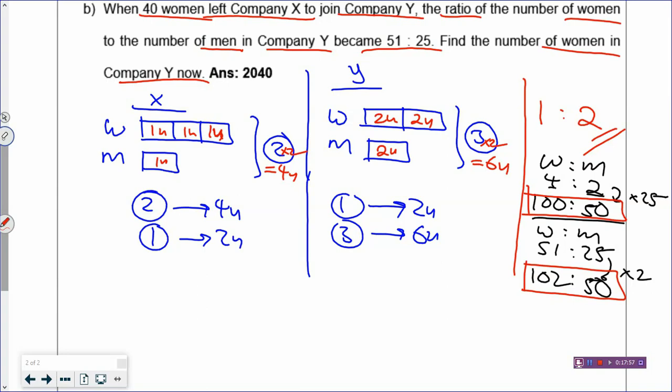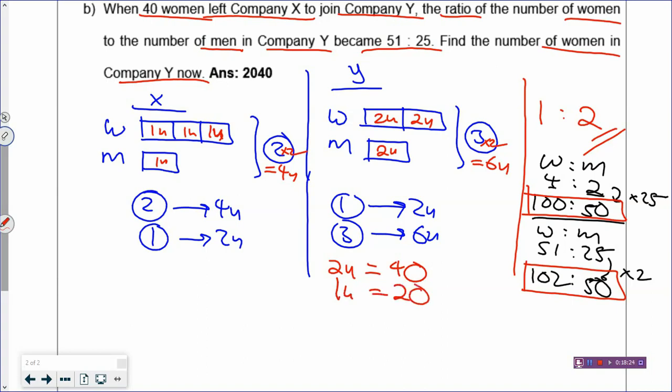But what happened to the women? 100 became 102. So how many units of women join? There must be 2 units of women who join. Correct? From 100 units of women at first to 102 units of women in the end. So you have 2 units of women who join, which is also 40. So your 1 unit is 20.